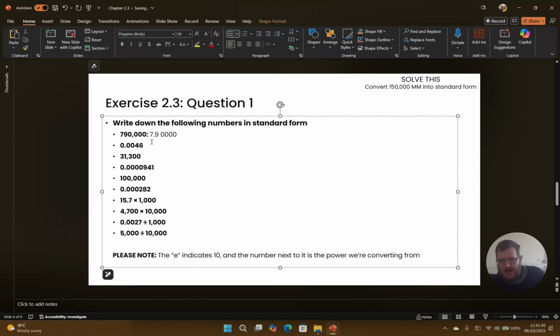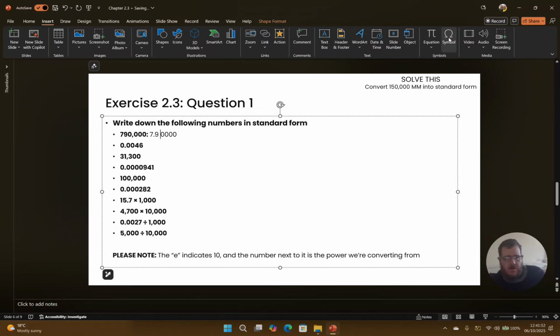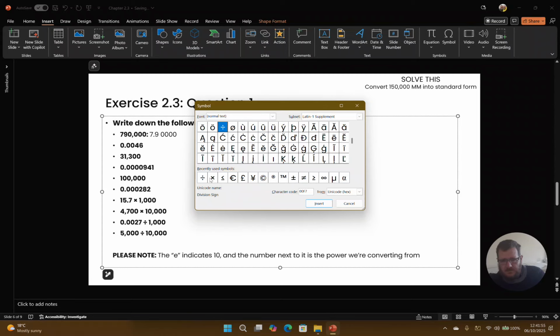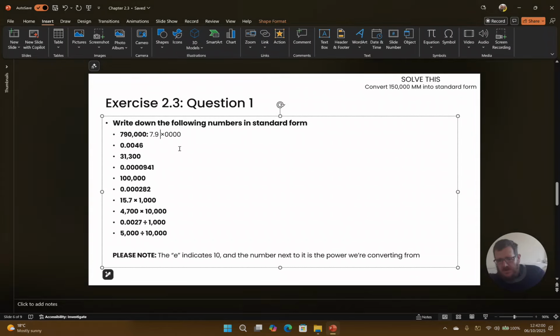Then follow that up with a times, and then E with the number of zeros you see after that. There's 1, 2, 3, 4. So there's 4 zeros there, and that's your answer.